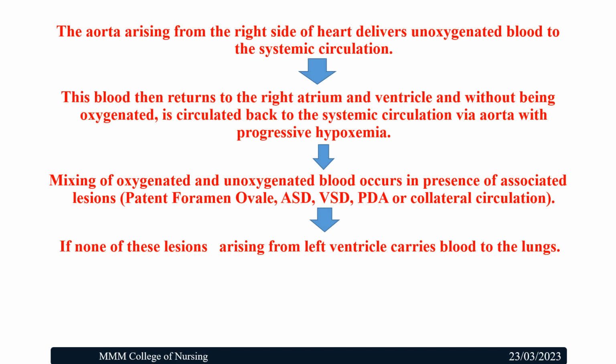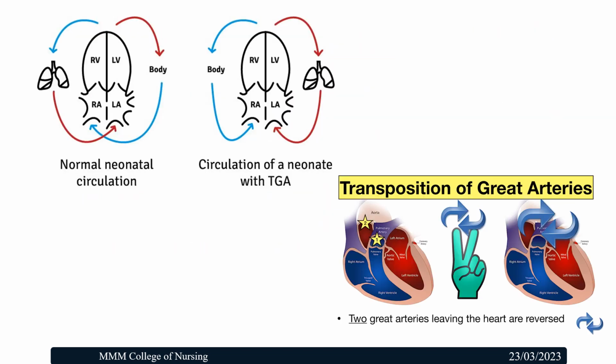Mixing of oxygenated and unoxygenated blood occurs in the presence of associated lesions, that is patent foramen ovale, ASD, VSD, patent ductus arteriosus, or collateral circulation. If none of these lesions is present, the left ventricle carries blood only to the lungs. This picture shows the circulation of a neonate with TGA.